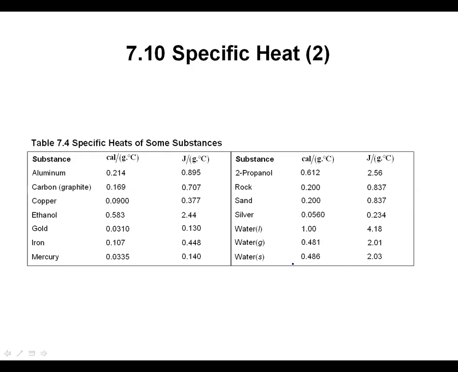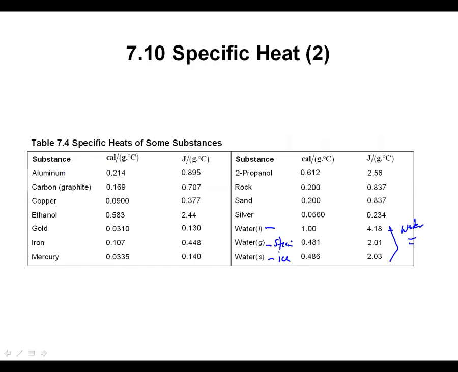Liquid water, then steam, and this is ice, which is the solid version of water. You can see that they have different values for the specific heat capacity. So it's really important, if you go to a table like this and look up the value, that you do not just take the first one that you see. Make sure it is in the right state, because they will have different values.